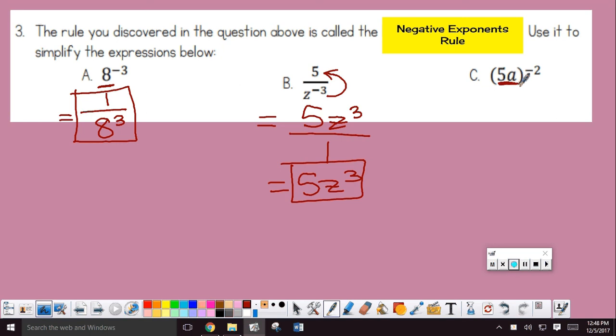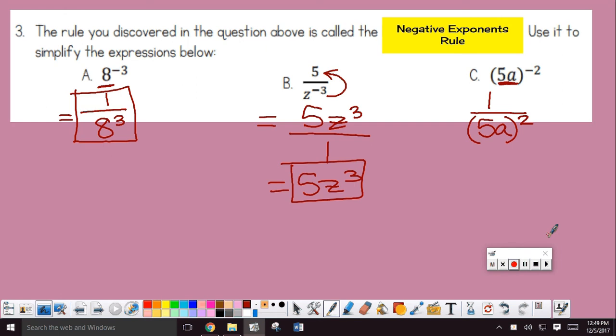So what's going to happen to it? Whatever is attached to the negative exponent gets flipped, like a pancake. So it's going to go in the denominator, 5a raised to the second power, the whole thing. Yes, I want you to put parentheses.